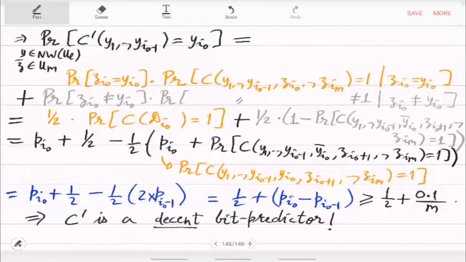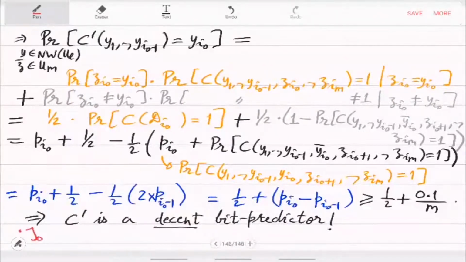The only issue is C prime is using these random bits ZI0 to ZIM. So, we have to make it somehow go away, we have to make it deterministic. What you can do is you can actually just fix these bits ZI0 to ZIM suitably, so that the advantage is not lost.